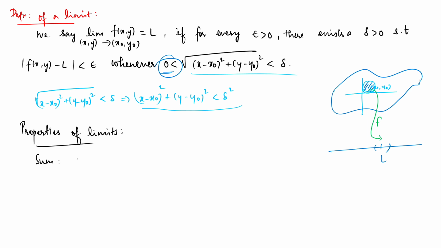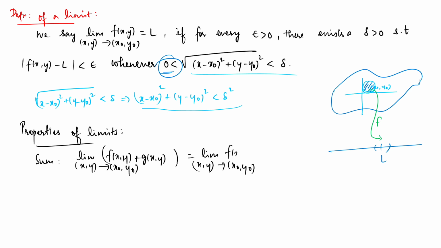The sum rule: the limit as (x, y) approaches (x naught, y naught) of f(x, y) plus g(x, y) is the same as the limit of f(x, y) plus the limit of g(x, y) as (x, y) approaches (x naught, y naught). Exactly the same result that we have seen in the one variable setup.